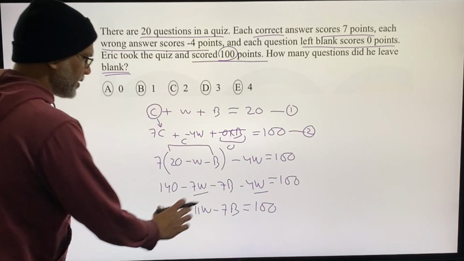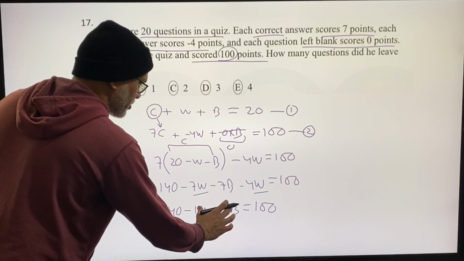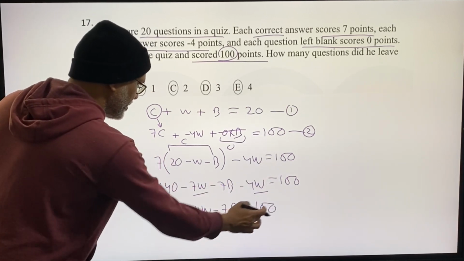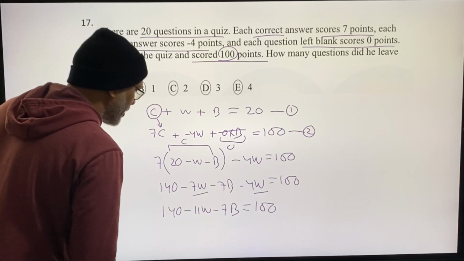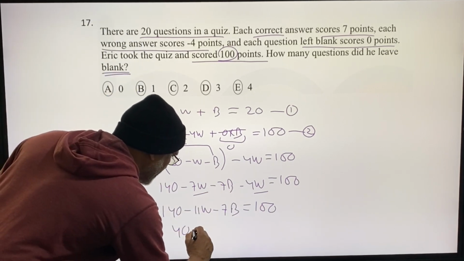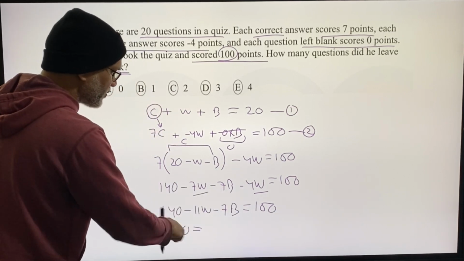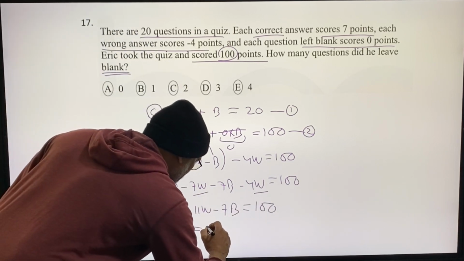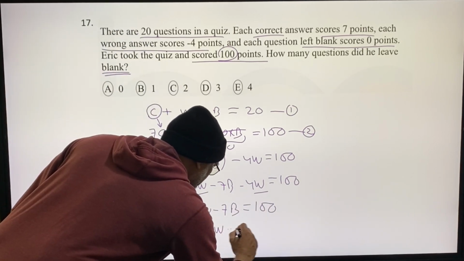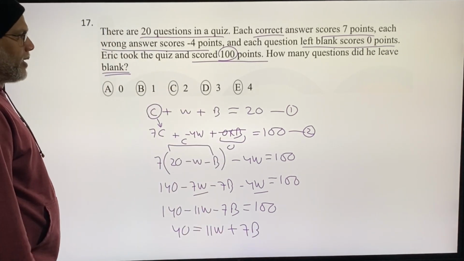I'll take the terms that contain the unknowns to the right-hand side and bring 100 to this side. So 140 minus 100 is 40, and 11W and 7B go to that side: 11W plus 7B.